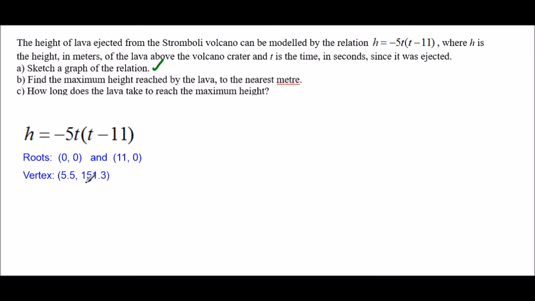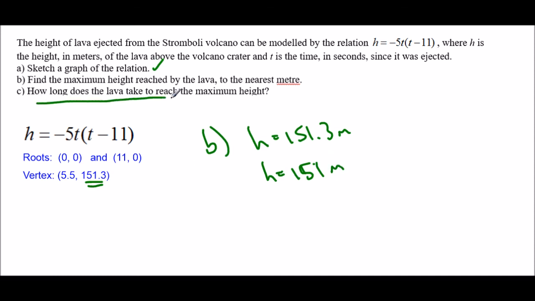Well, I know that already. That's the vertex. So the maximum height was 151.3 meters. Oh, actually, if I round to the nearest meter, it's 151 meters, so no decimal. How long does it take the lava to reach maximum height? Well, it takes 5.5 seconds to reach maximum height.